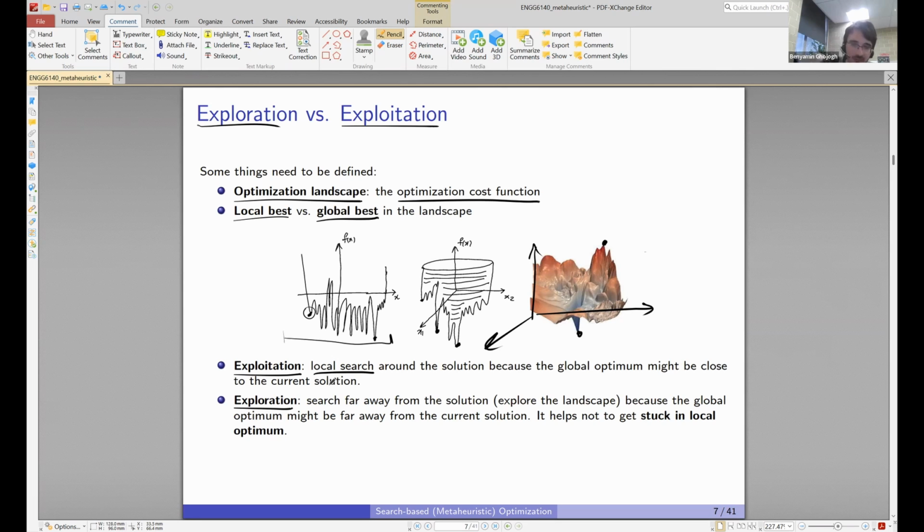Let me search in a neighborhood around them, and that's called local search. What is it doing? It's exploiting the optimization landscape around every solution. That's why it's called exploitation. So local search relates to the task of exploitation.